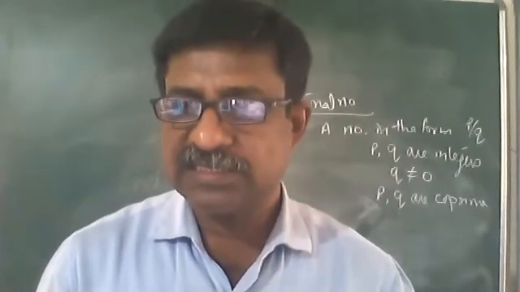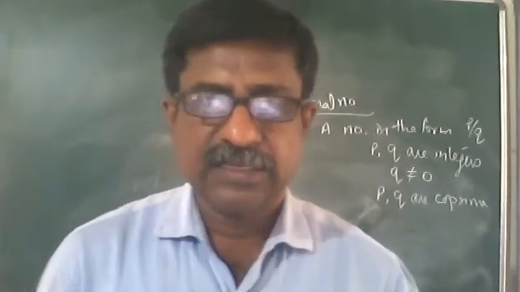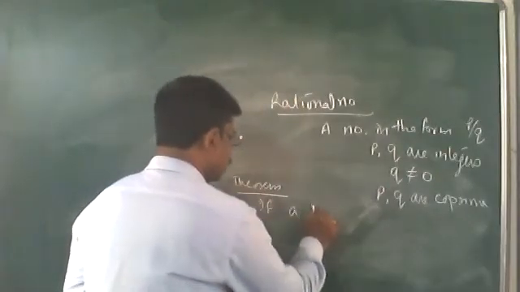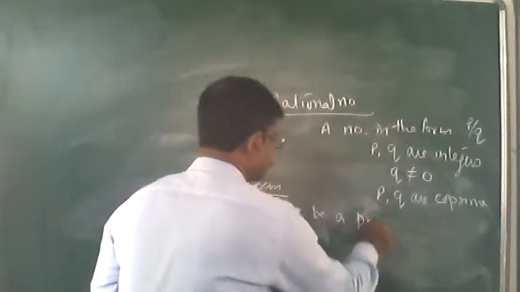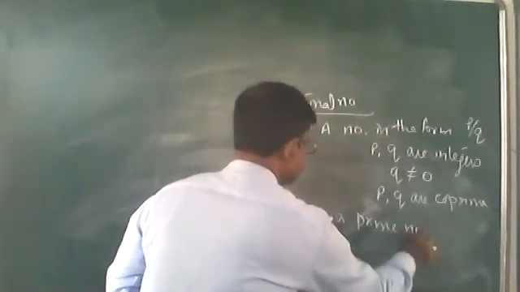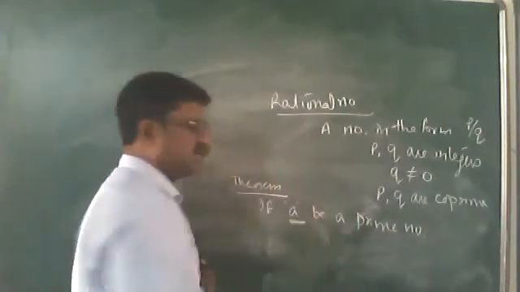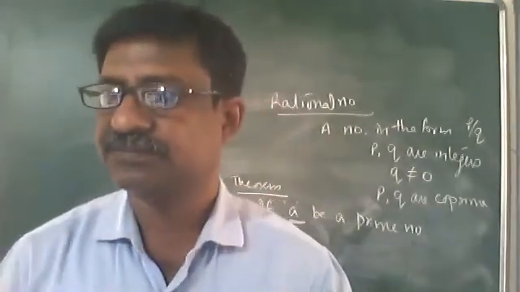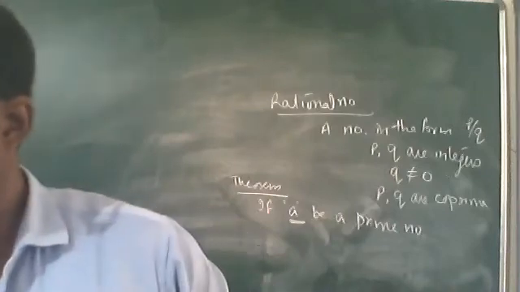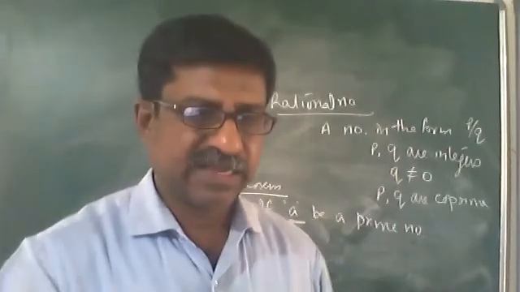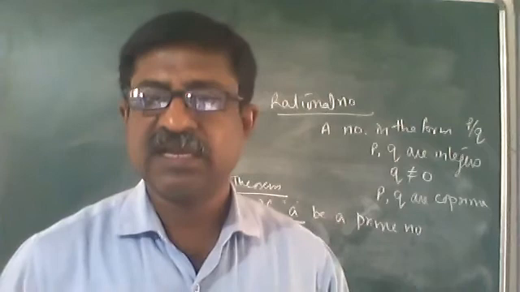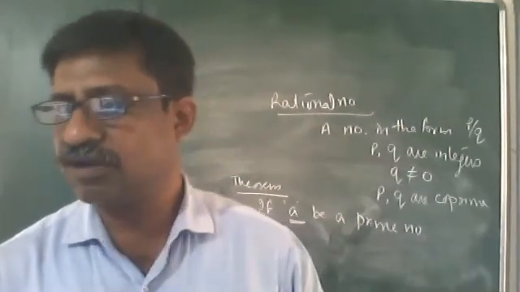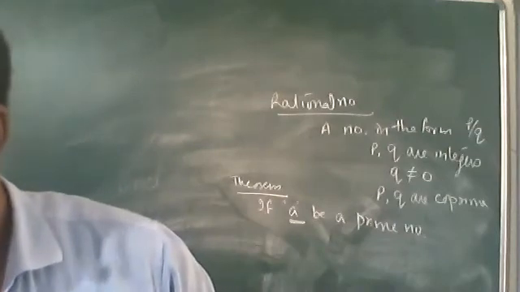And the theorem is, if a is a prime number. You know what prime numbers are? Prime numbers are the numbers which are exactly divisible only by the number itself and 1. It doesn't go into anyone else's table, only into 1's table and its own table. Clear?